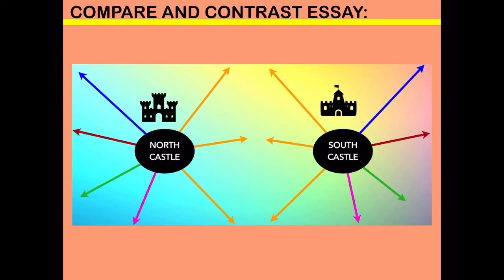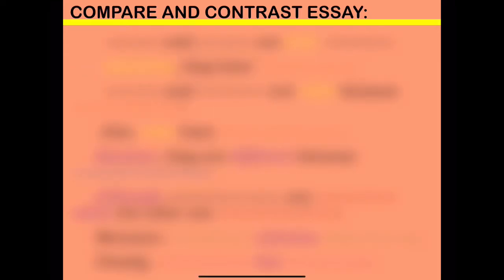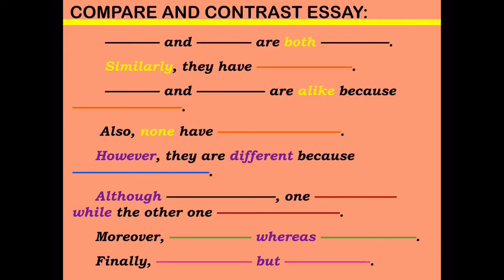Always keep this in mind. Why? Because as I said before, we're going to use the same colors. Orange, blue, red, green, and pink. Look. This is the structure we're going to use. Now, the words that are in yellow are the words that we have used to compare. We had both, similarly, alike, and none.